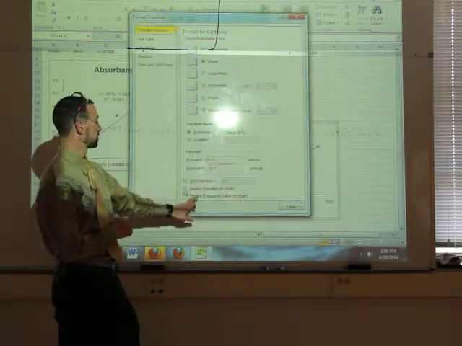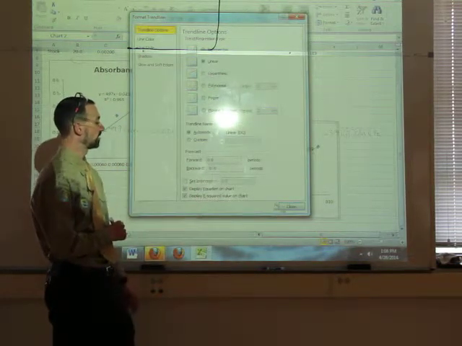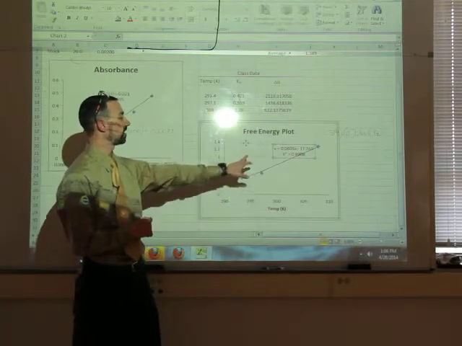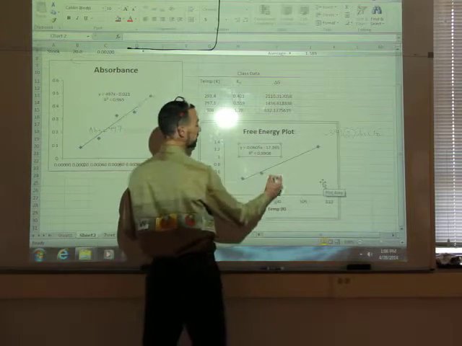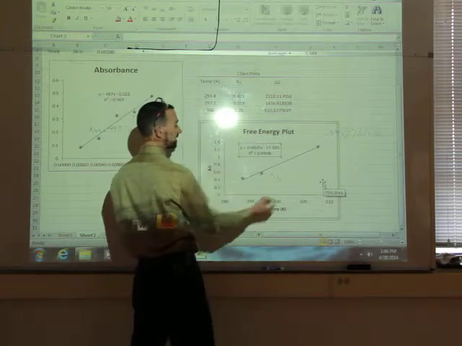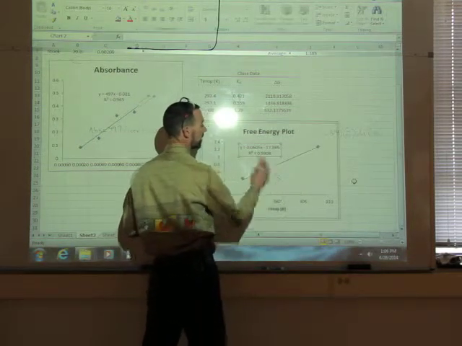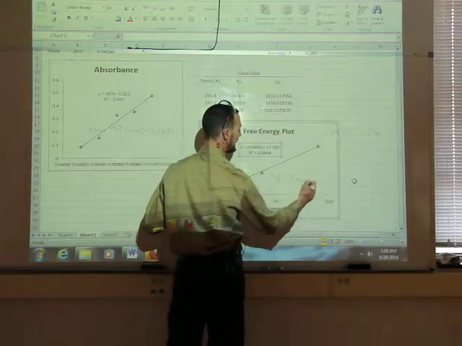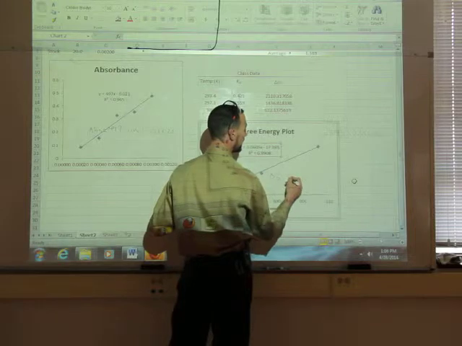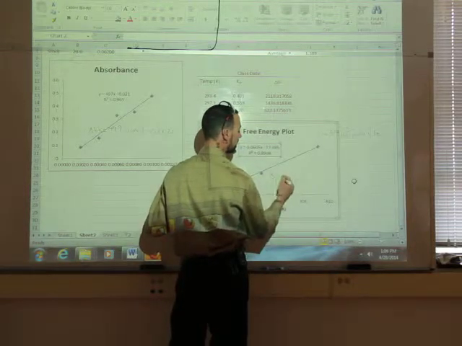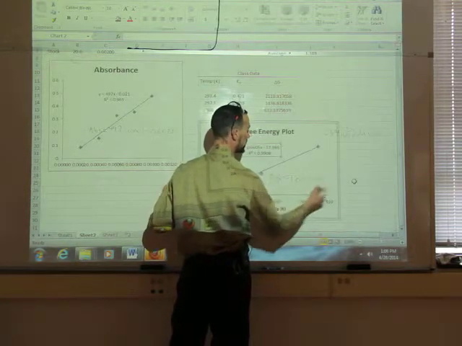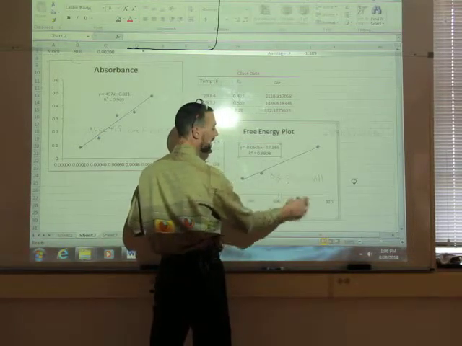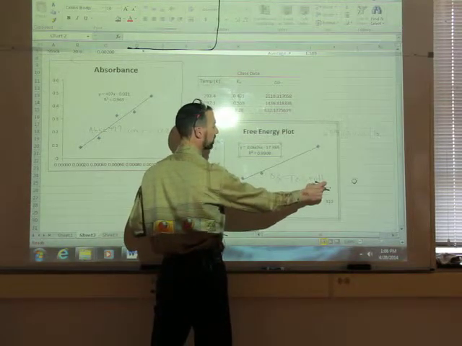Okay. Display the equation, the R squared value. Okay. This equation now fits the delta G, that's what's on this axis, equals, now it gives us mx first, so that's T delta S, all right, and that's got to be negative plus delta H, right, because it's delta H minus T delta S, but this is the mx part and this is the B part.